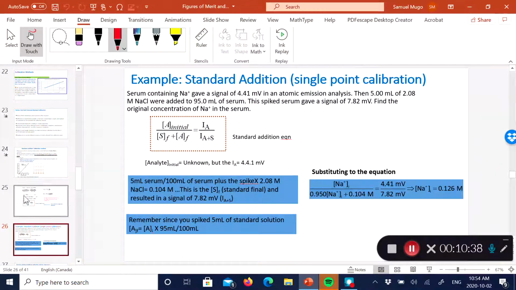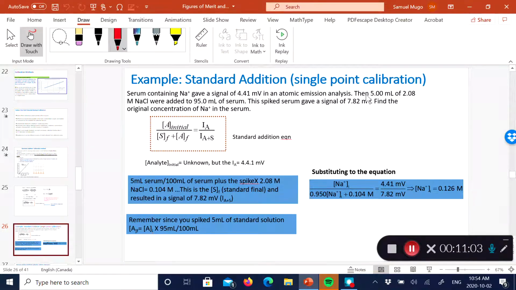Take an example of this. You've got a blood sample, and then you take a serum from that blood sample, and you've been asked to determine the concentration of sodium ions in that serum sample. And possibly in this case, you're using potentiometry. So the signal that you get from that serum sample is 4.41 millivolts. Okay.